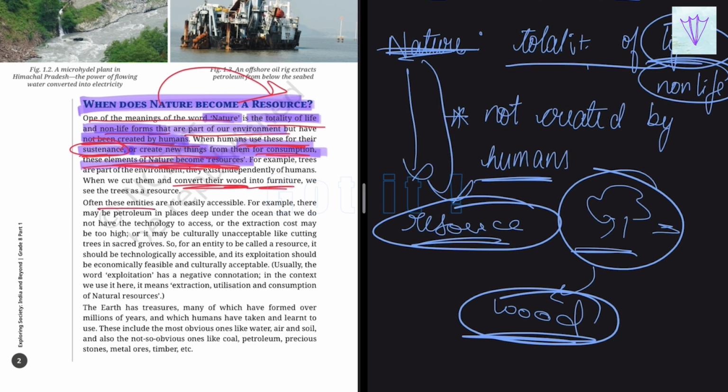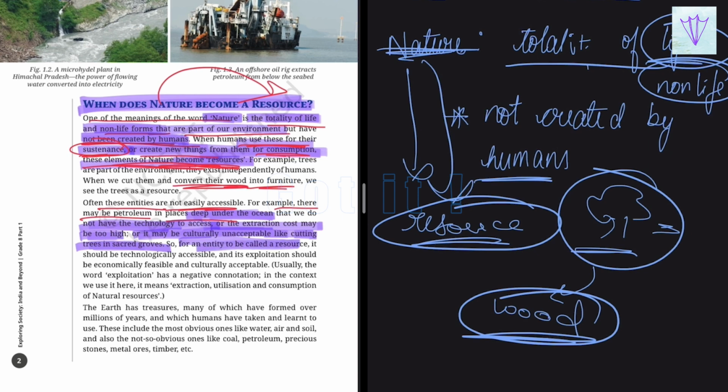Often these entities are not easily accessible. For example, there may be petroleum in places deep under the ocean that we do not have the technology to access, or the extraction may cost too much. It is not economically possible, or it may be culturally unacceptable, like cutting trees in sacred groves.